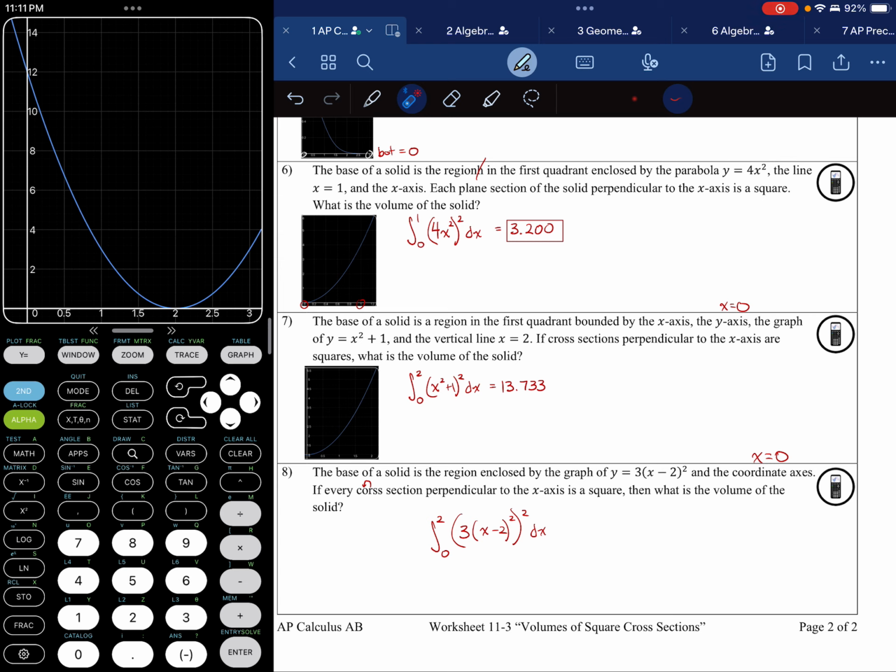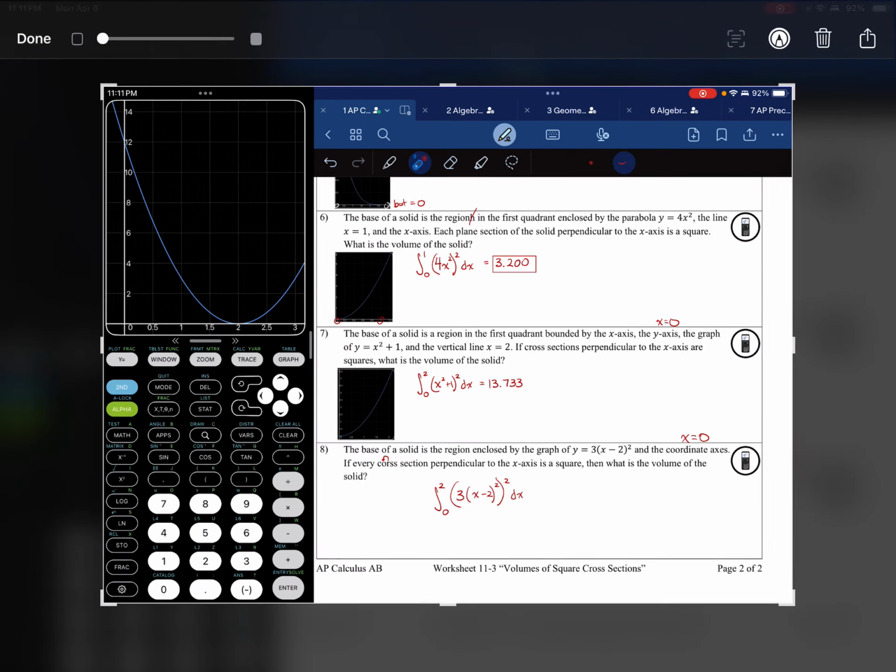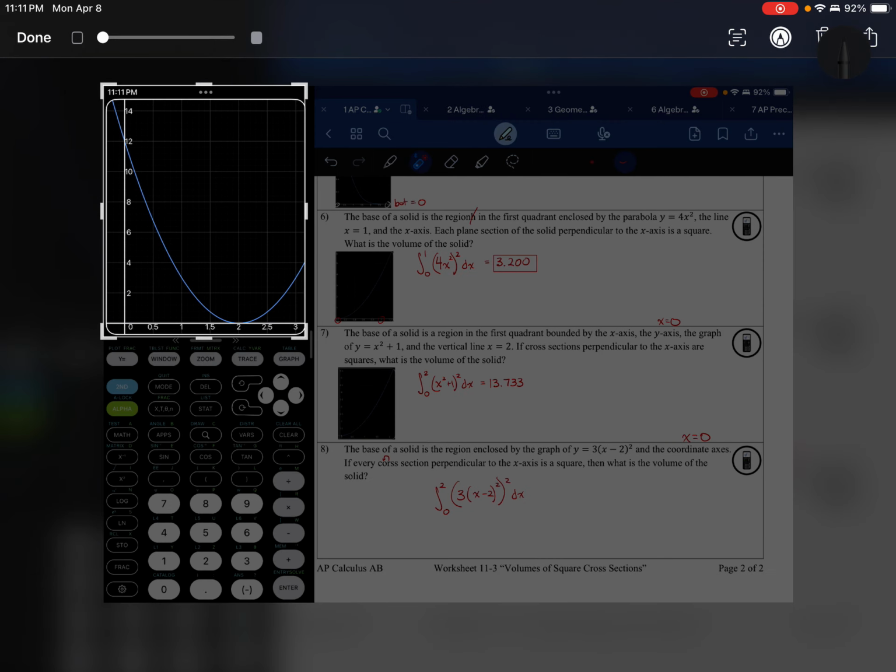Let's go ahead and say that the end bound, I kind of like the fact that you had to figure out it was 2. So I'll say something along the lines of, it's between the coordinate axes and the first point at which the function is 0 or something like that. And that will make it so that this is 2. And therefore we can come over here and we can still screen grab this thing, because this is what I call it, screen grab. It's a screenshot, and I know that.